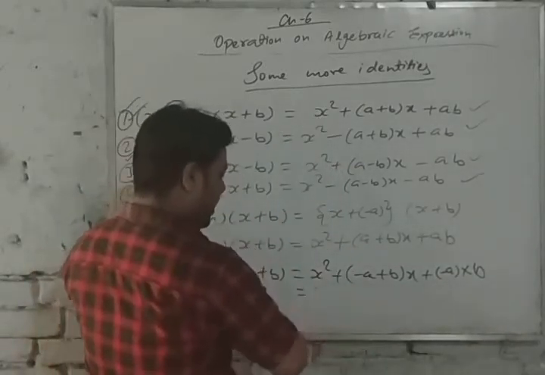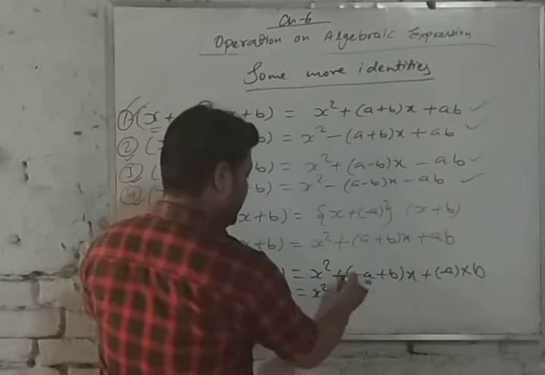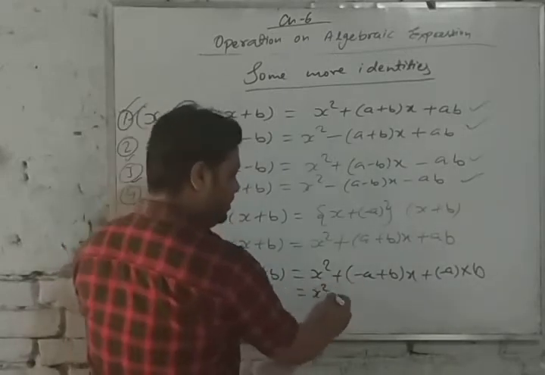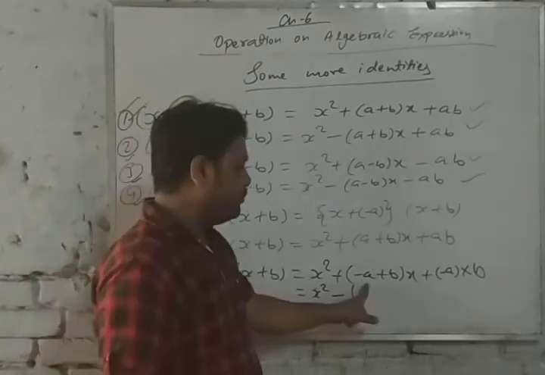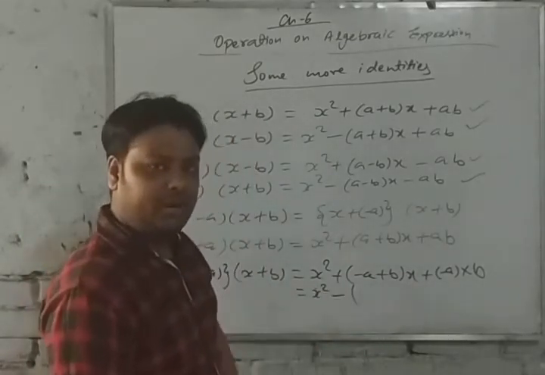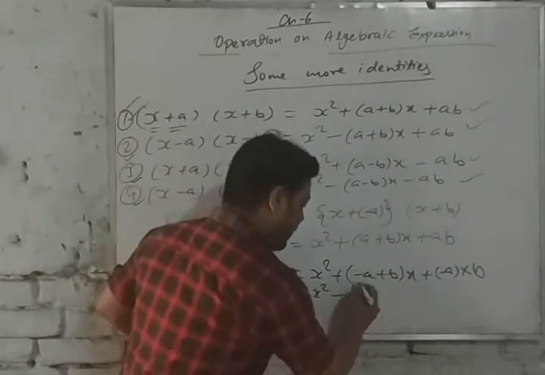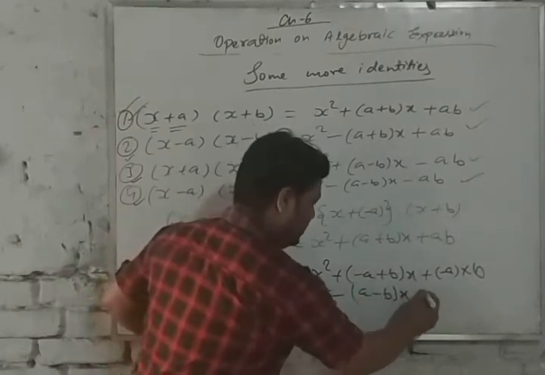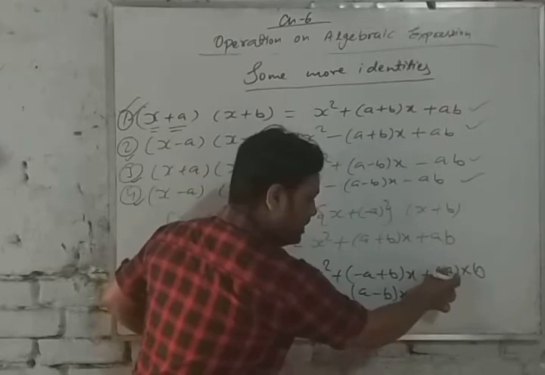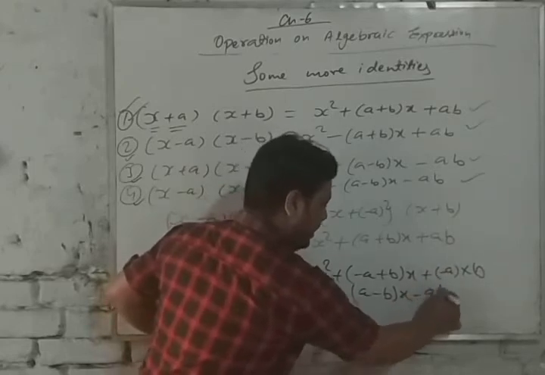Here take minus outside. If you take minus outside, then minus plus minus. And if you take minus outside, it means we have to change every sign of each term in the bracket. That is, minus a should be a and plus a should be minus b. And here only one minus, so minus plus minus and a into b.